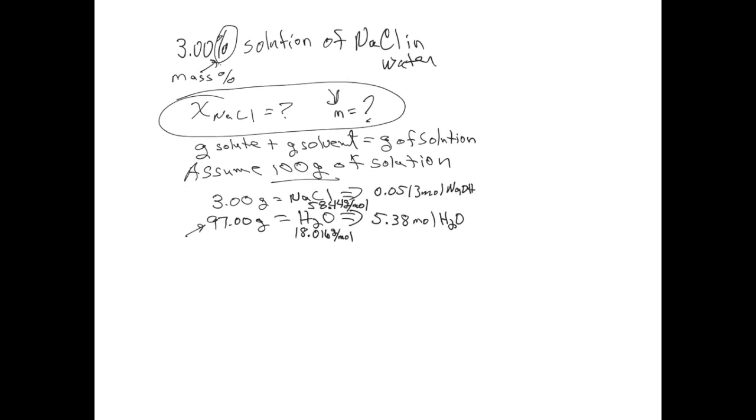Okay, so I'm going to shrink this down a little bit so I can make some more room. So when I get the sodium chloride, I want mole fraction, so I take my 0.0513 moles of, I just realized this, I wrote sodium hydroxide, that's sodium chloride.